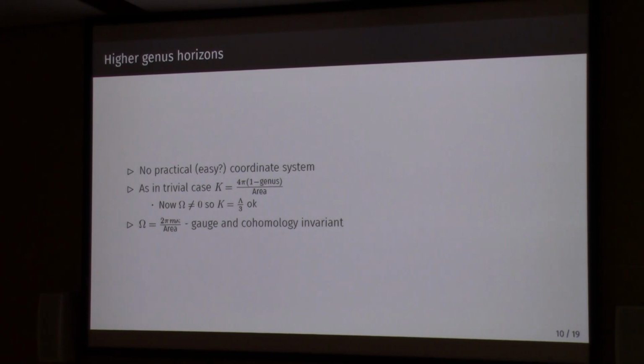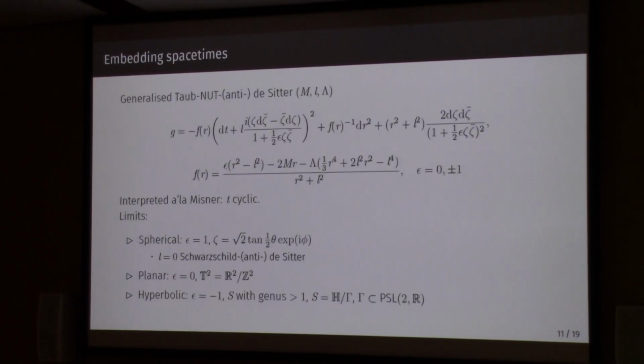in the higher genus case, again, we resort to stating some facts about the Gaussian curvature of the section, which is the same as before, and also about this pseudo-scalar invariant omega, which connects this one-bit number n, surface gravity, and the area of the horizon.